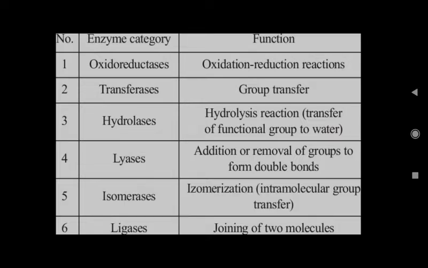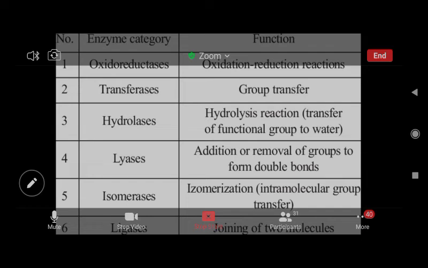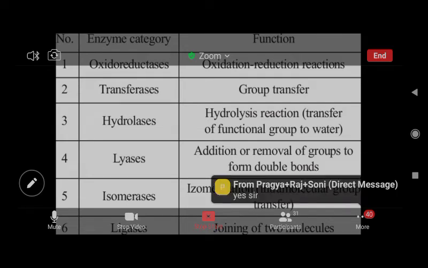For example, amylase hydrolyzes starch. Starch is amylose, so it brings about the hydrolysis of the starch. Is it okay, Pragya? Okay.